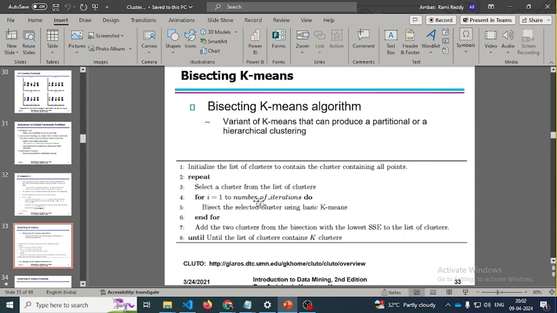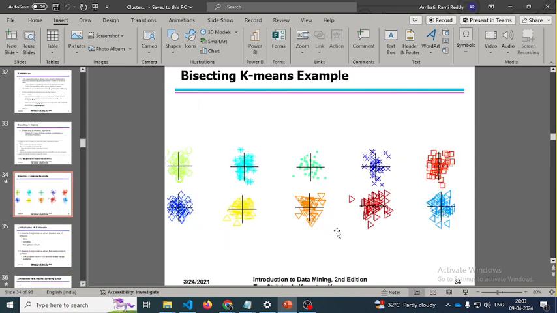After that you repeat these steps: bisect the selected cluster using basic k-means, and add the two clusters from the bisection with the lowest SSE to the list of clusters. The only variation is that you include this particular step.